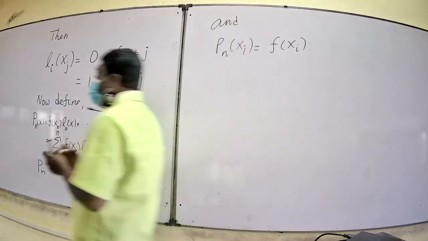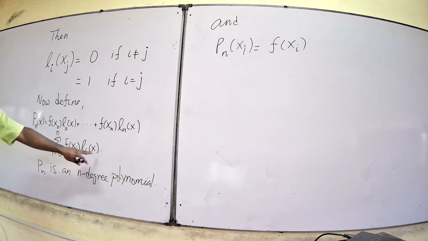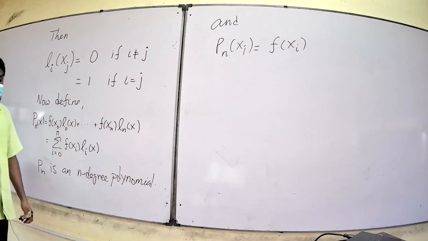Here, if you put Pn of xi, then f of xi times Li of xi, that is 1. So this becomes f of xi, and that is true for all i.